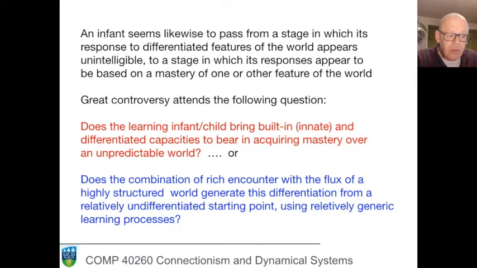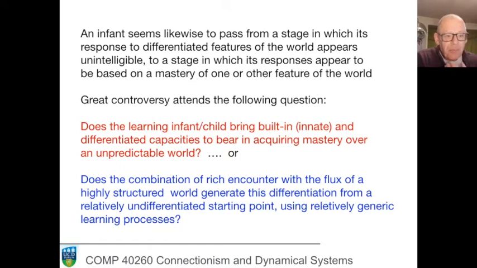And the alternative emphasis is on the richness of the world, which would suggest that the child is relatively unformed, not, as an extreme version of this would put it, a blank slate, undoubtedly born with lots of differentiation.